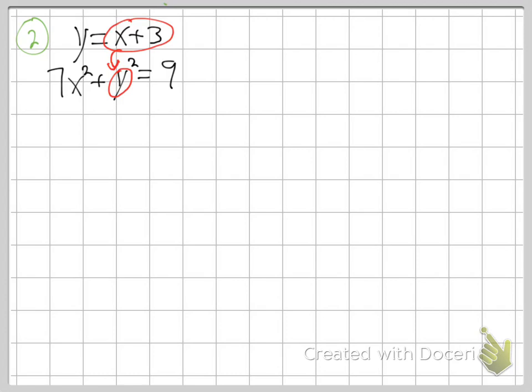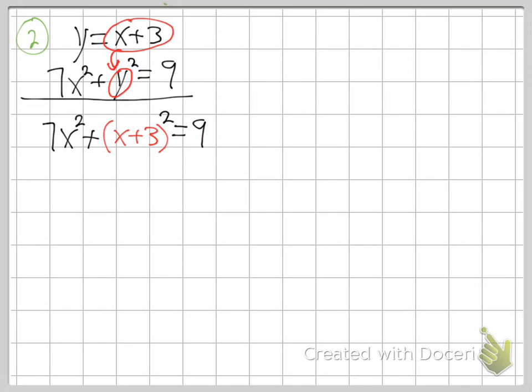Right there, right? Plug that in for y. And so then you should get 7x squared plus, and then the y is x plus 3 squared, which is 9.